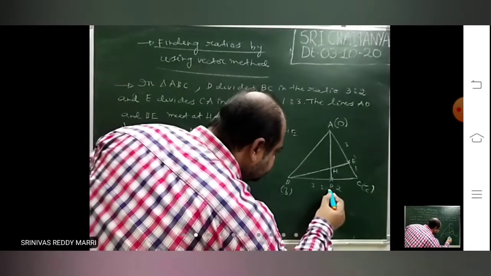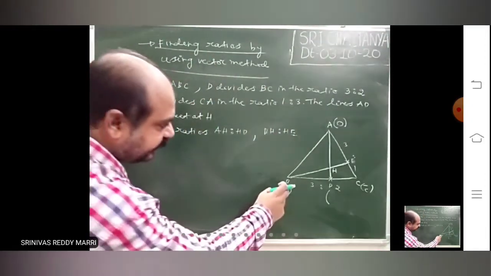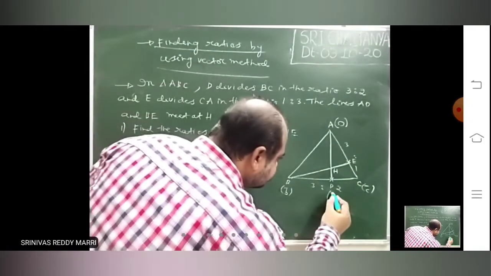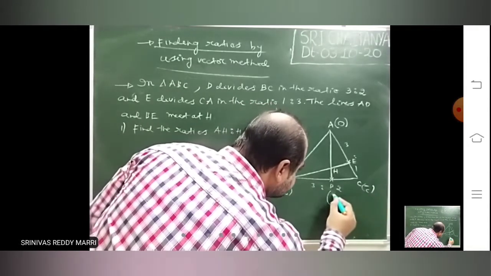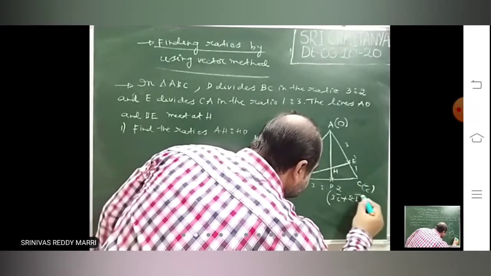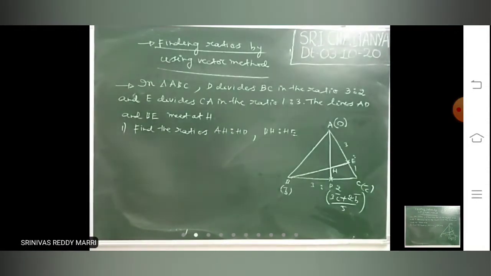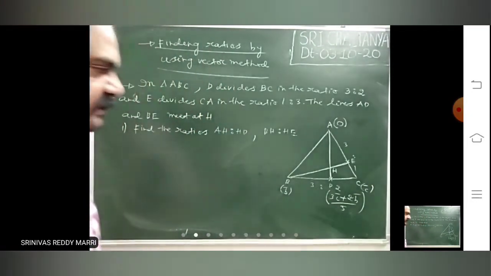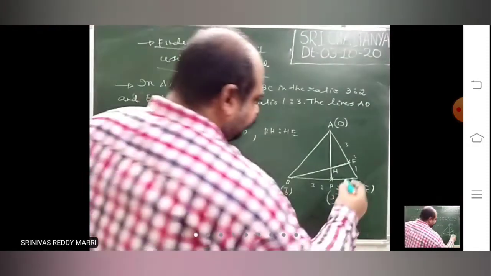Now the thing to do is write the position vector of D. D divides BC in the ratio 3:2, that means M is to N, that means 3 into C bar plus 2 B bar divided by 5. I have told how to write. So the position vector of D is 3C bar plus 2B bar divided by 5.